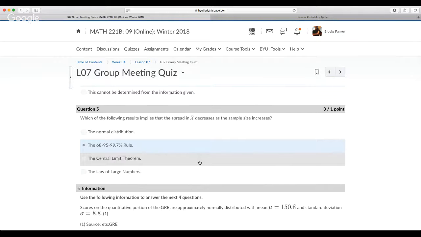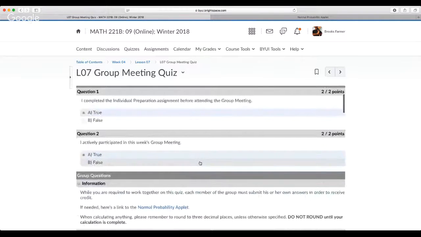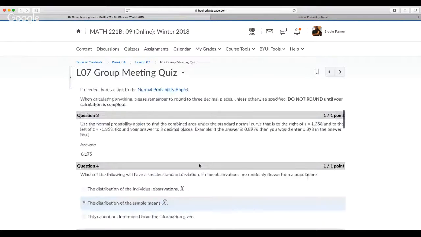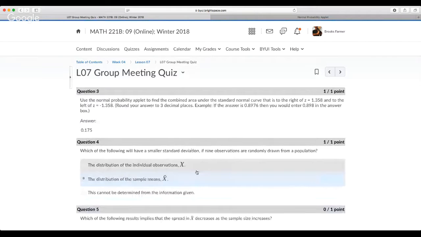So it was the law of large numbers, which makes sense because, like it says, the large sample size means the sample mean will be close to the population mean, because the standard deviation will get smaller. That makes sense. It's just kind of confusing.